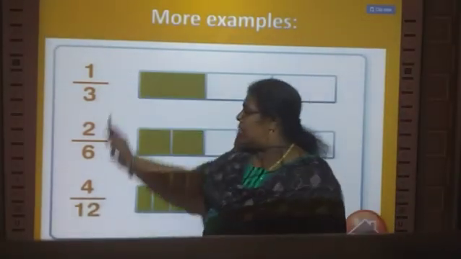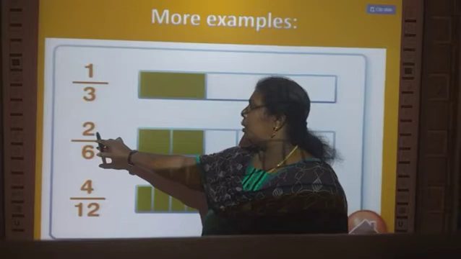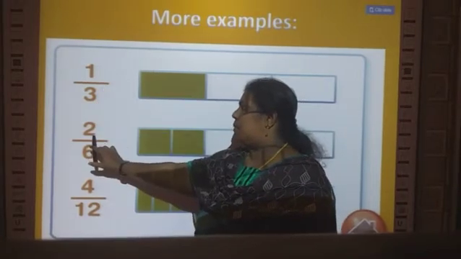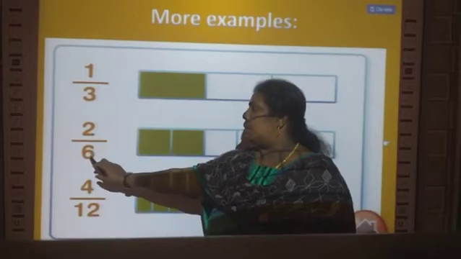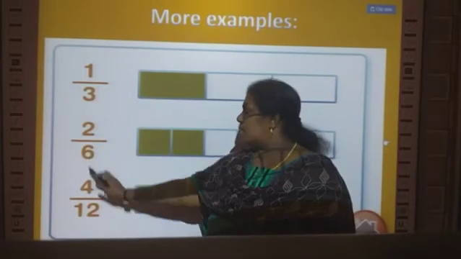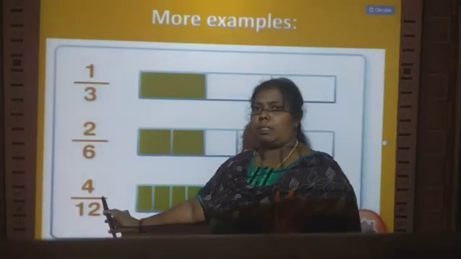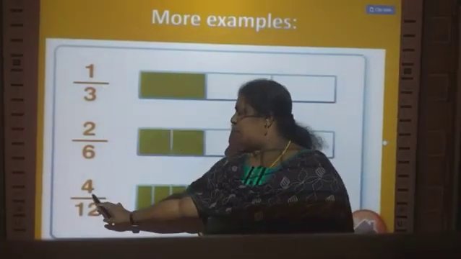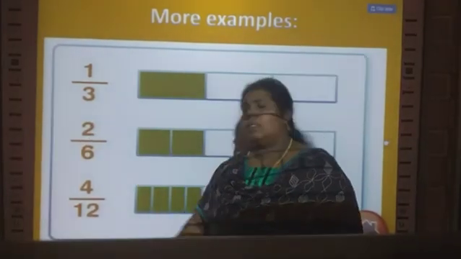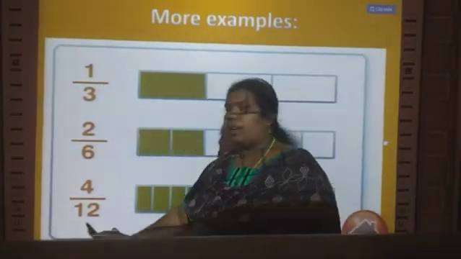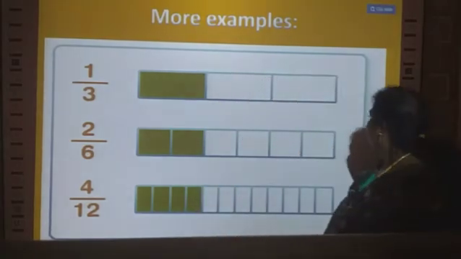So 1 by 3, you can use it 4 times here, 2 times there. With the second table, 1 times 2 is 2, then 2 times 3 is 6. With the same fraction used 4 times, 1 times 4 is 4. Denominator, multiply by the fourth table: 4 times 3 is 12. So these 3 fractions are equal fractions. Do you understand now?